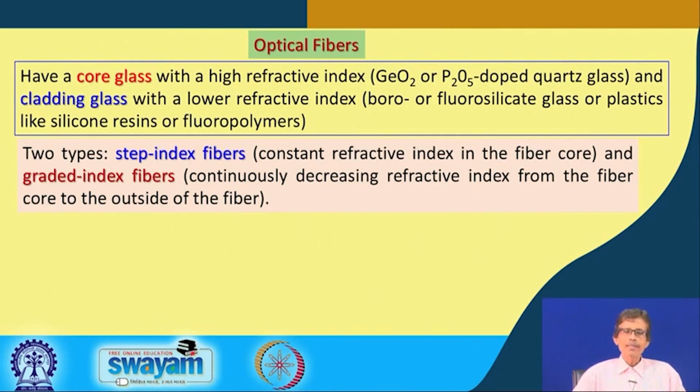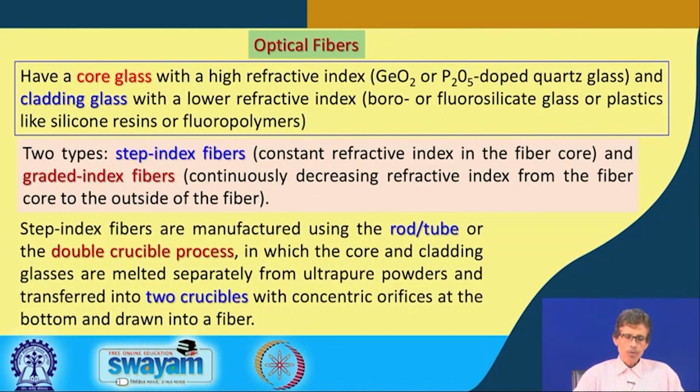So, you cannot change that particular refractive index, and another is the graded index fiber, continuously decreasing the refractive index from the fiber core to the outside of the fiber. So, whatever refractive index you have at the core, which is decaying down when you reach to the outer surface of the fiber. So, that is the particular type of idea and particular type of methodology can be used for making this particular type of optical fiber.